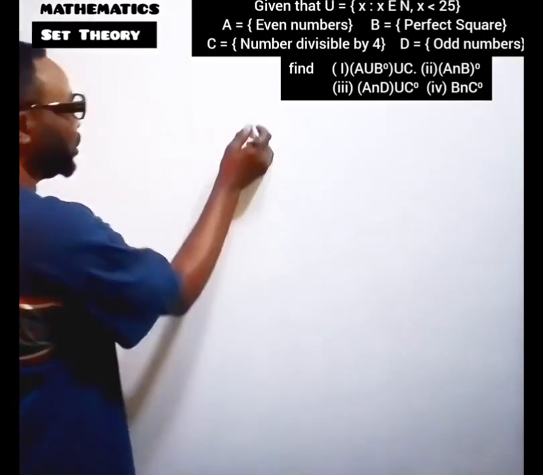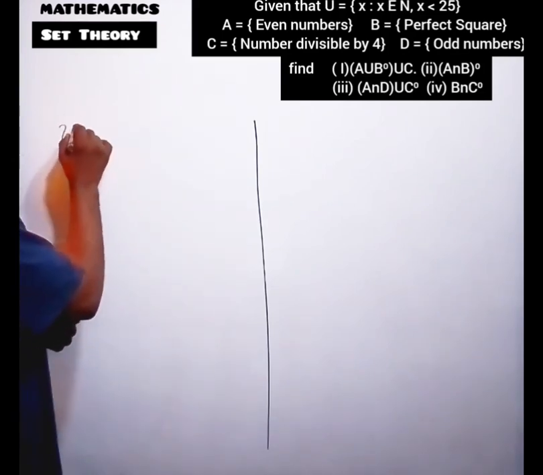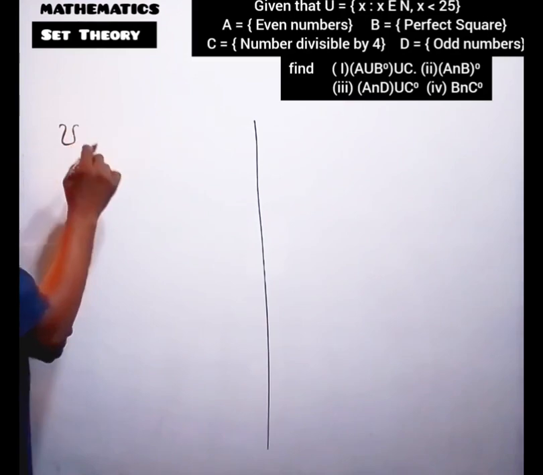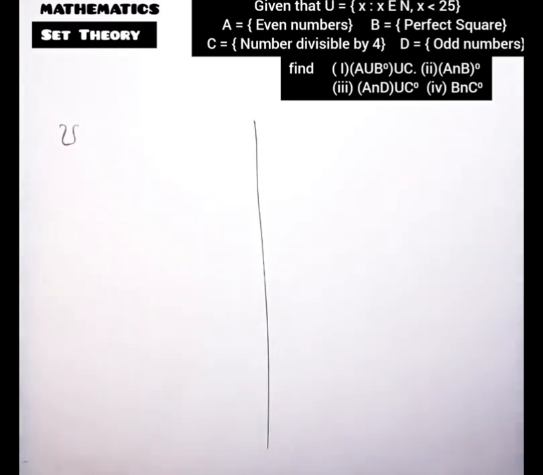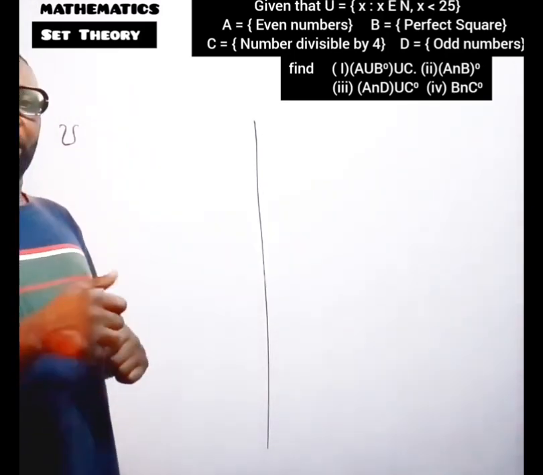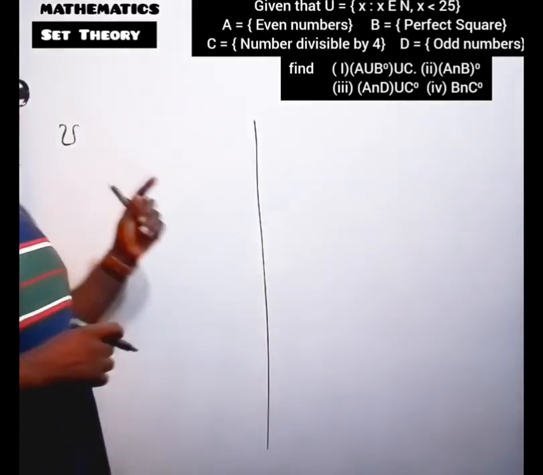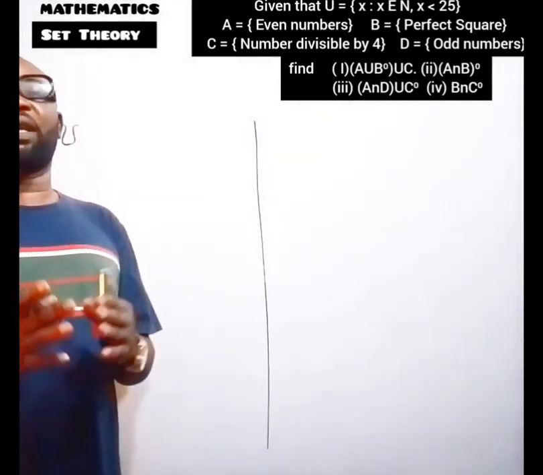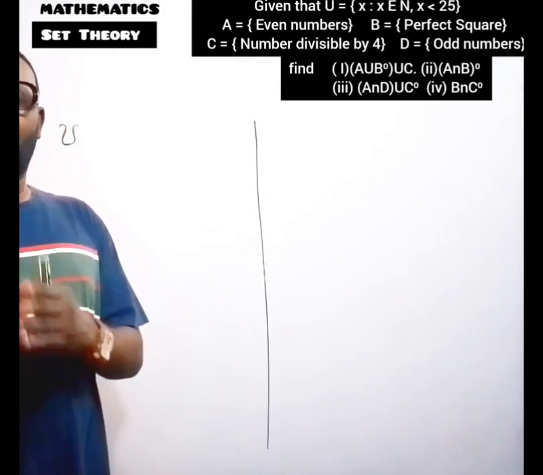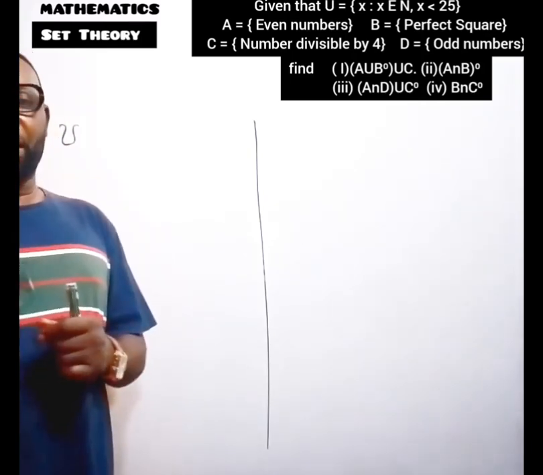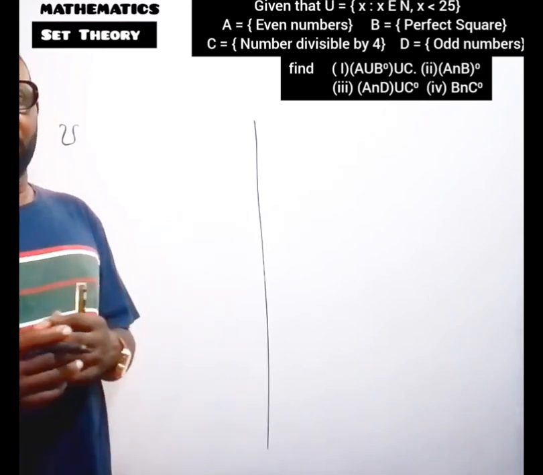Now, I think I need to divide it like this. Our universal set, as we all know, is represented by this symbol. The universal set given to us here says that X is a member of capital N, which means natural numbers. And we all understand what is meant by natural numbers.